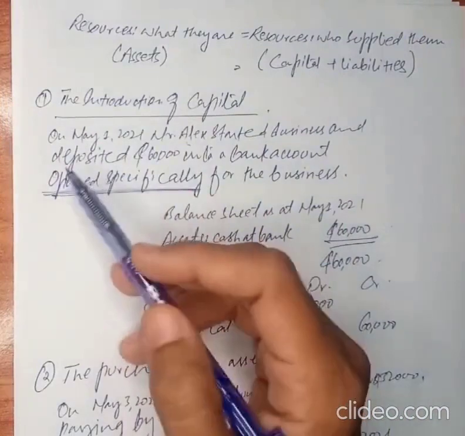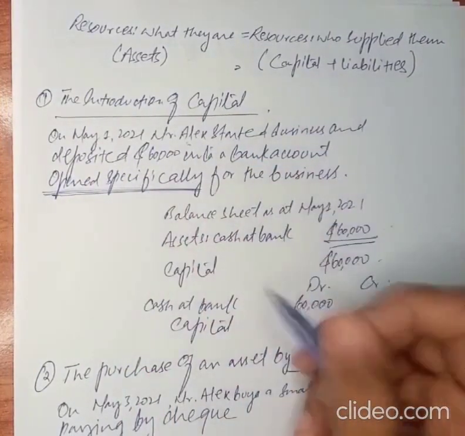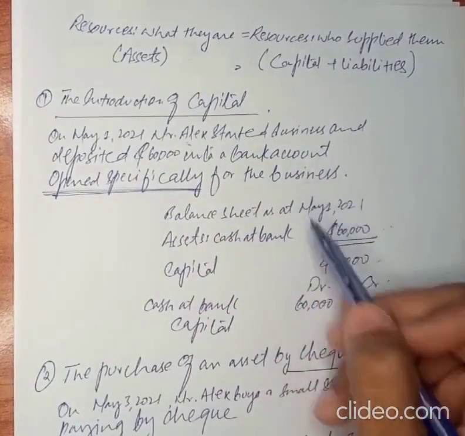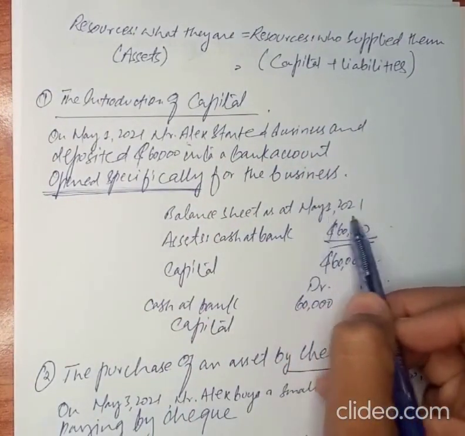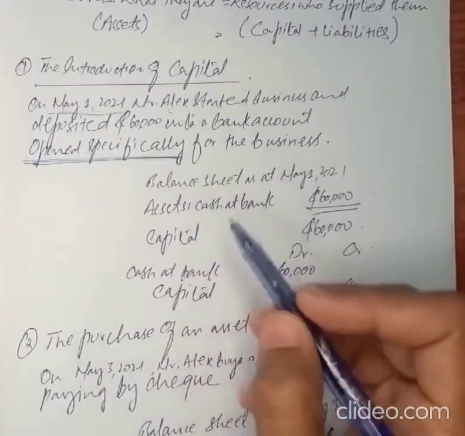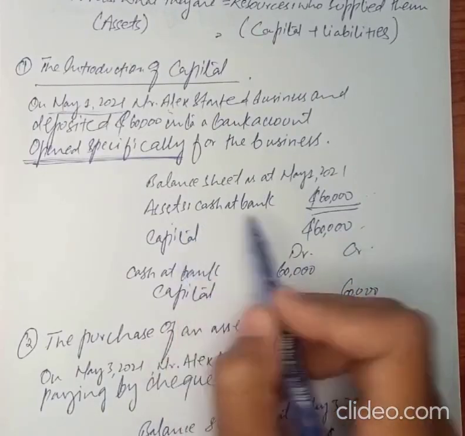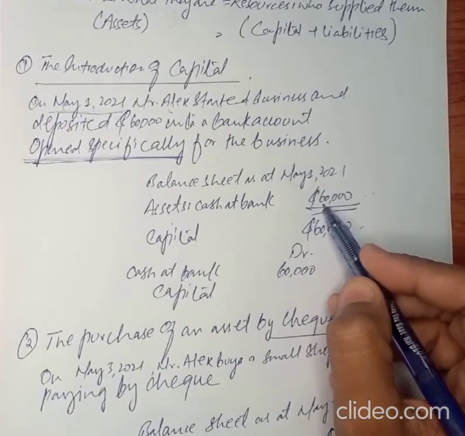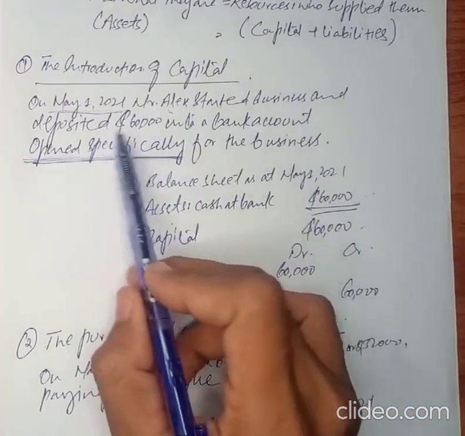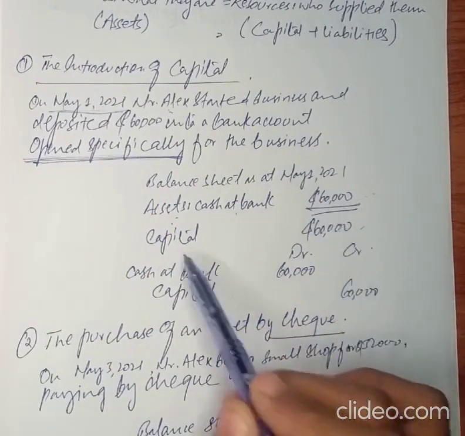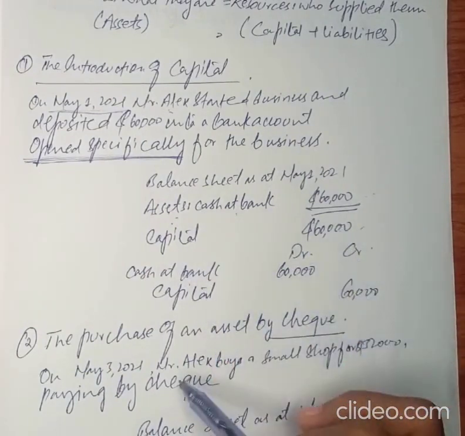So what should be the impact of this transaction? How will we create the journal entries? The impact of this transaction in the balance sheet as at May 1st 2021 is: asset, cash at bank, $60,000, because he deposited the money into his bank account, and the capital is $60,000.